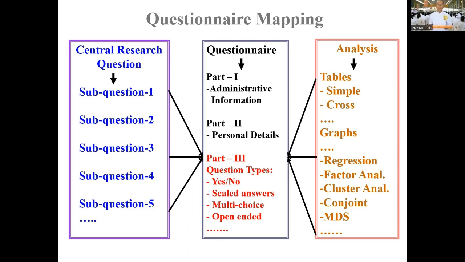And in the third part of the questionnaire, there will be some questions also, like yes or no. The questions will be framed in only one sentence so that anyone can answer whether it is yes or no. Through the scaled type, you can give scaled answers.